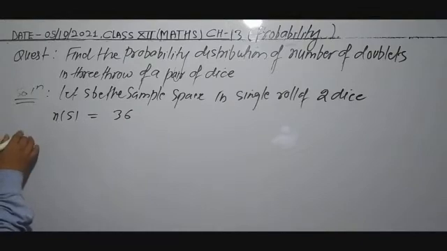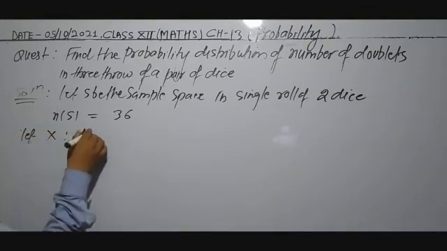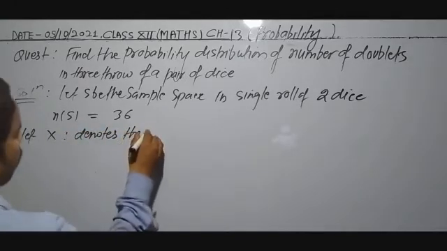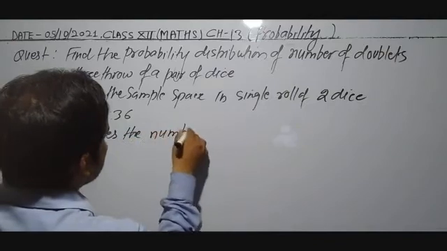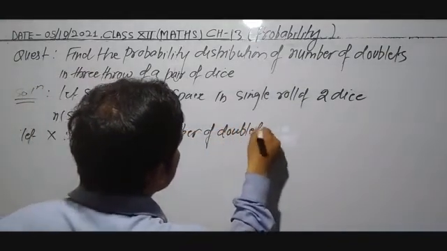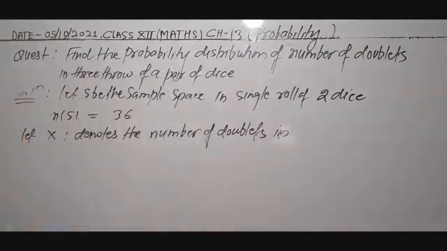In this question, consider that X denotes the number of doublets in a single roll of 2 dice.